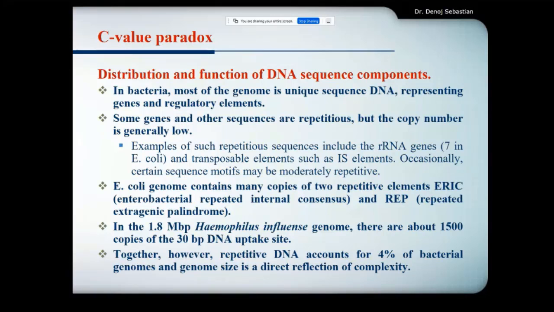For example, 7 such rRNA genes are present in E. coli. Transposable elements such as IS elements and occasionally sequence motifs may be moderately repetitive. So these moderately repetitive sequences may also be present in prokaryotes.